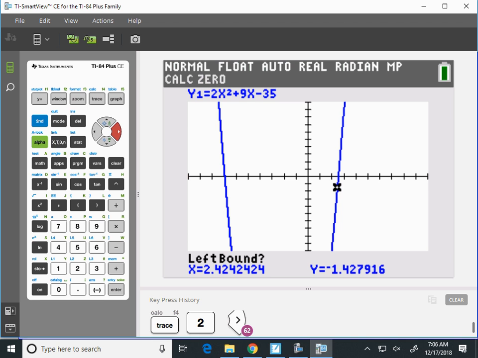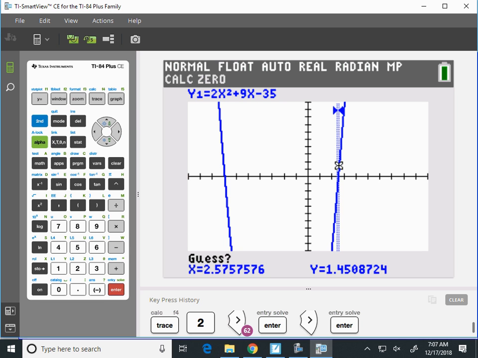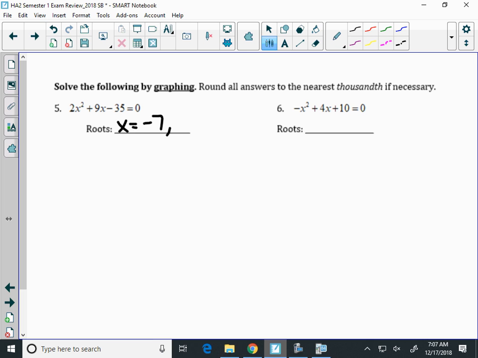Here we go. Now this time being on the left of this x-intercept means we're going to be a little bit below the axis. So that's our first enter. Arrow to the right, only the right key, so that you get to the other side of the x-intercept. Hit enter your second time, and your third time. And that root's at 2.5. Those are both rational roots.